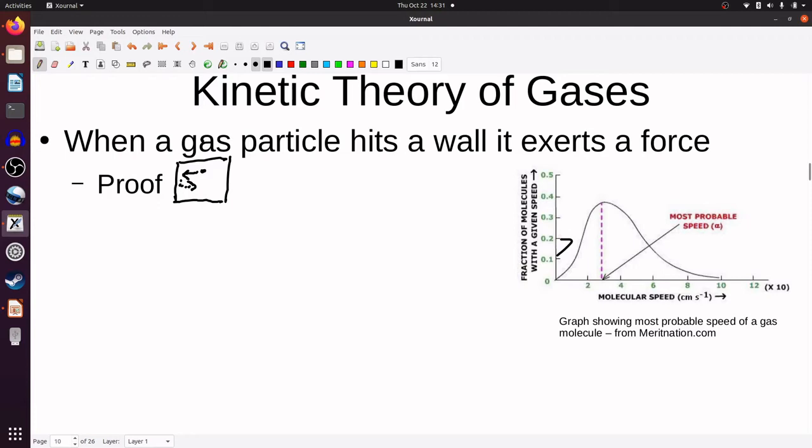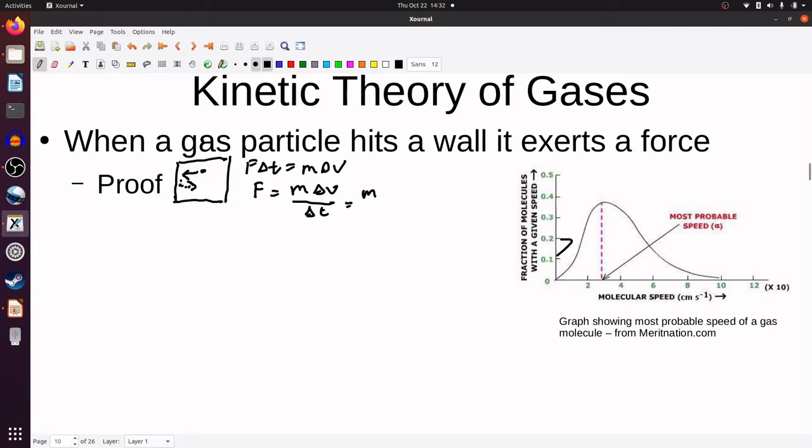Okay, so let's say we want to know force and relate that to momentum. Our force, impulse, momentum equation, F delta t is equal to m delta v. That's what we're going to use. And so the force is going to be m delta v over delta t.